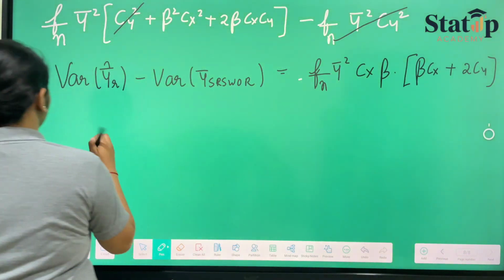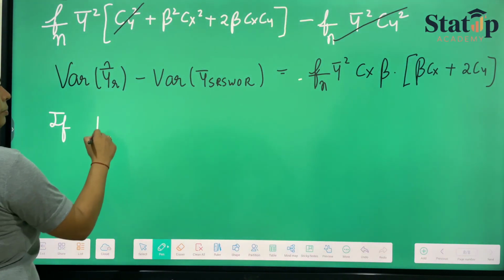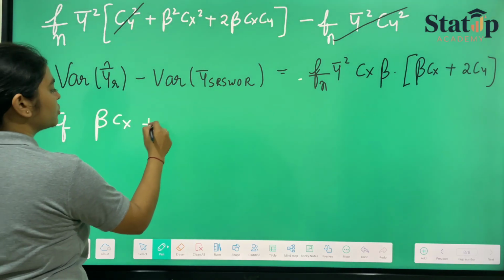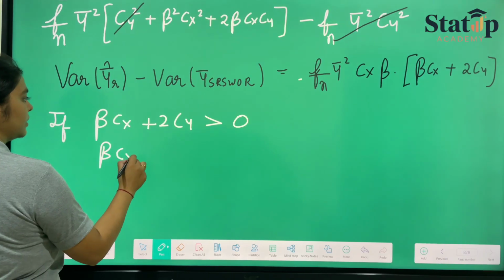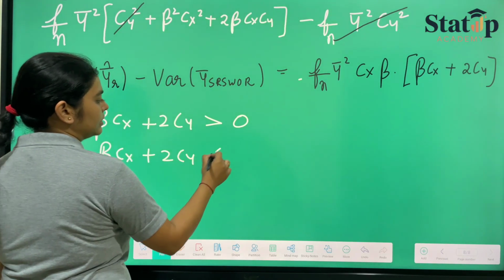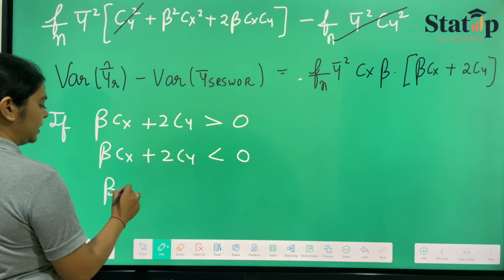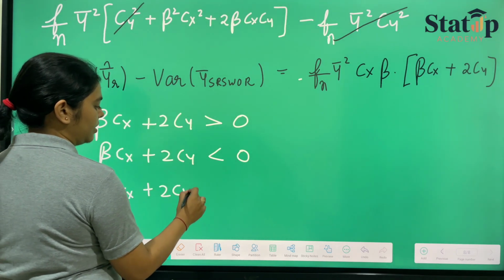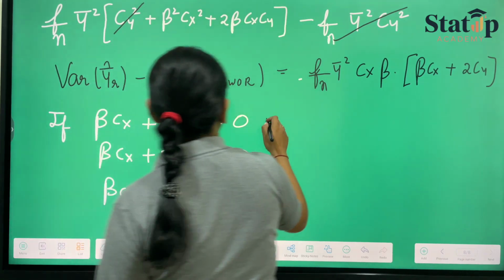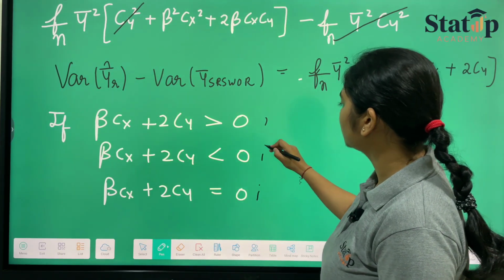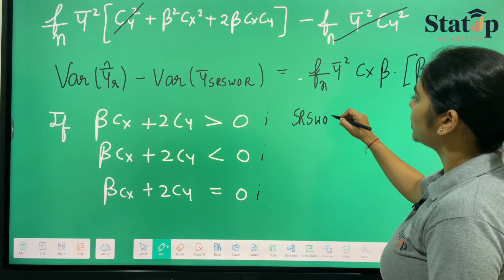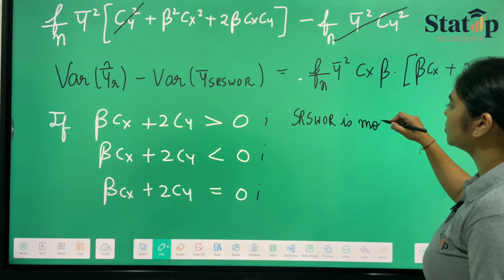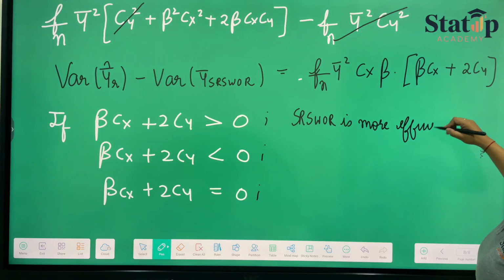Now if this beta Cx plus 2Cy is greater than 0, less than 0, or equal to 0: if it is greater than 0, then simple random sampling without replacement is more efficient than the regression estimator.